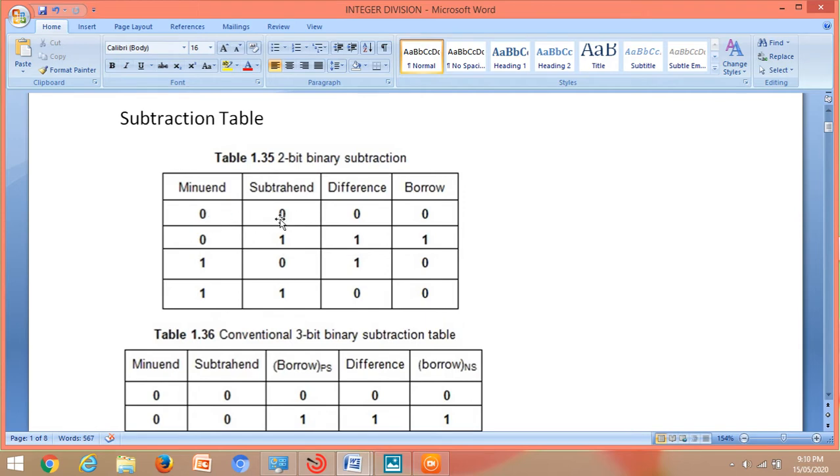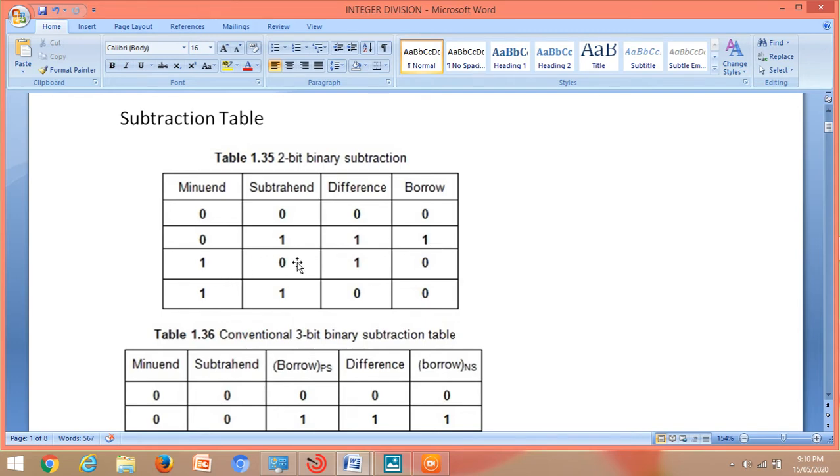So 0 minus 0. The answer is stored in difference. 0 minus 0, the answer will be 0, and we are not borrowing anything, therefore borrow will be 0. 0 minus 1, the answer will be 1, but of course we cannot subtract 1 from 0, therefore we have to take a borrow of 1. We borrow 1 from the bits which are more significant than the current bit.